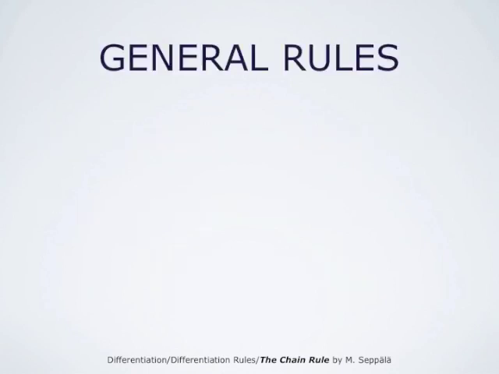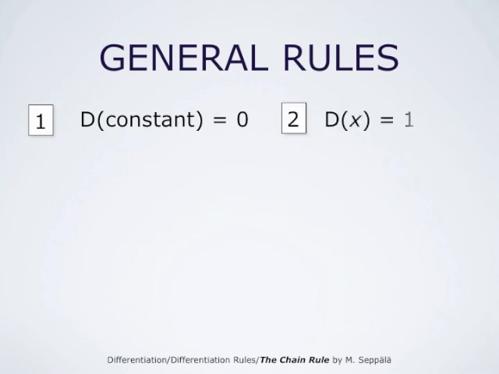Rules to differentiate functions fall into two categories. First, there are general rules. The first general rule says that the derivative of a constant is 0. The second one says that the derivative of the identity function x is 1. The third is a constant multiple rule that says that the derivative of a constant times a function is that constant times the derivative of the original function.